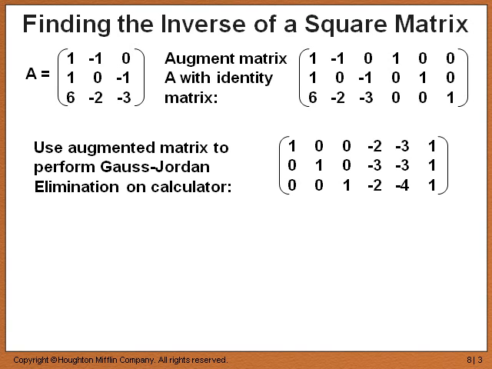All right, so definitely prove that to yourself by doing this on your calculator. Make sure you end up with the same result. But this result that's shown here, a 3 by 6 matrix with the identity on the left half and another matrix on the right half, actually yields the inverse, because the right half is A inverse.